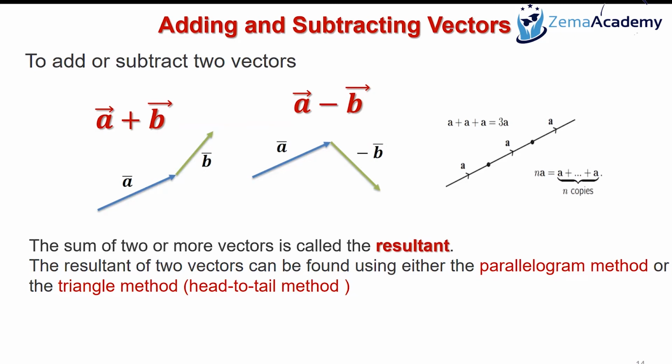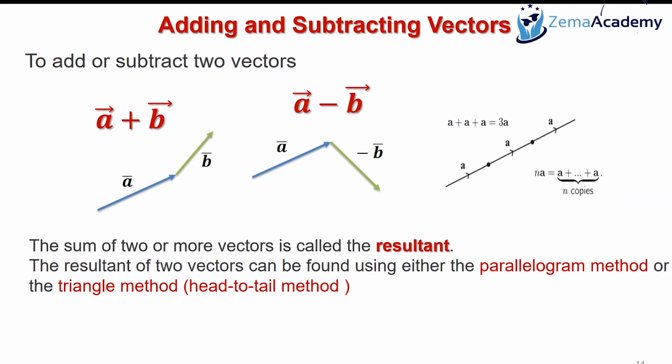However, if the two vectors are in opposite directions, then although you are putting the two vectors together, you will look at the direction, and the one in the opposite direction will get the negative sign. The sum of two or more vectors is called a resultant. When we put numbers into it, you will understand more clearly what the resultant is when we are doing the properties of vectors.